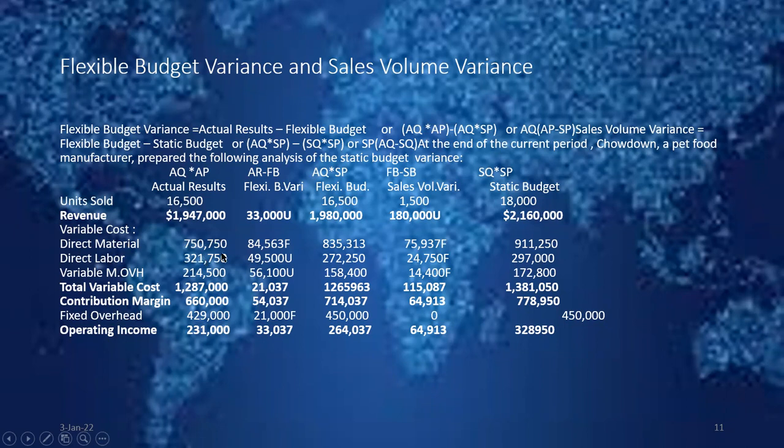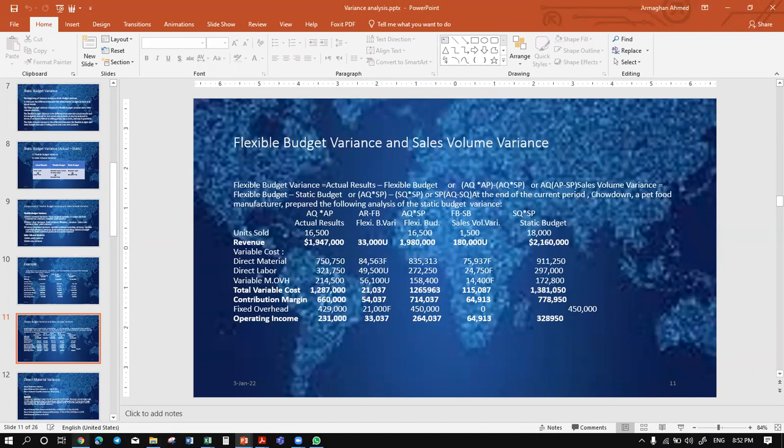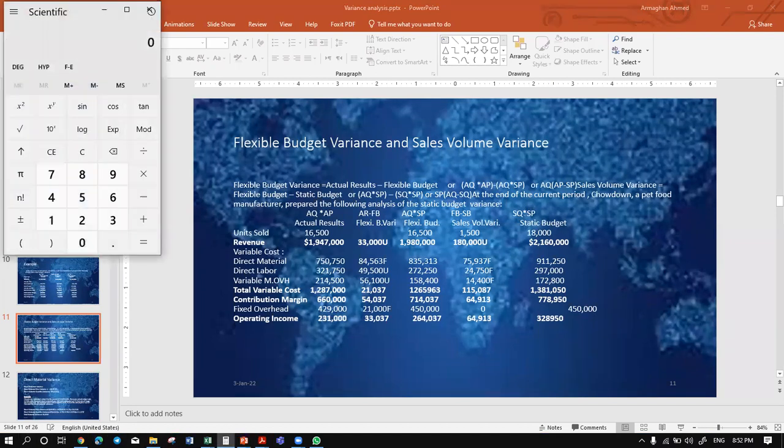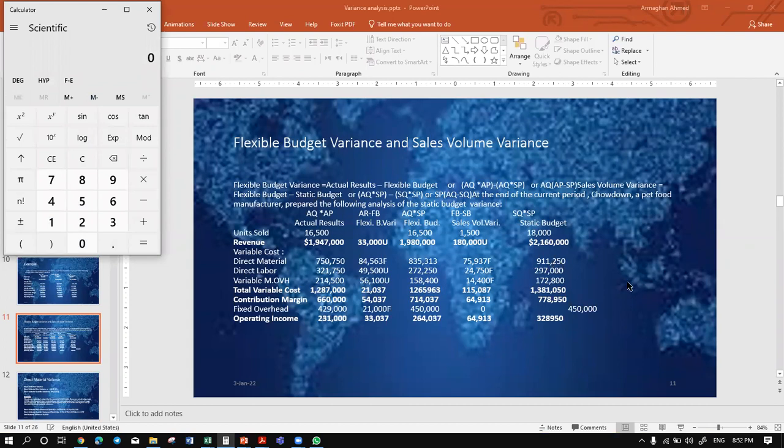Let's say I take the material. In the static budget we have to see how much input is mentioned. The standard material cost is 911,250, which I will divide by 18,000 units. That comes to 50.625.